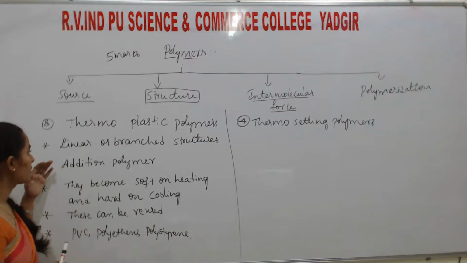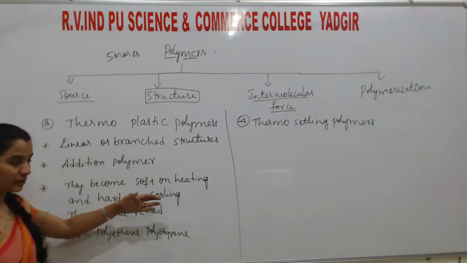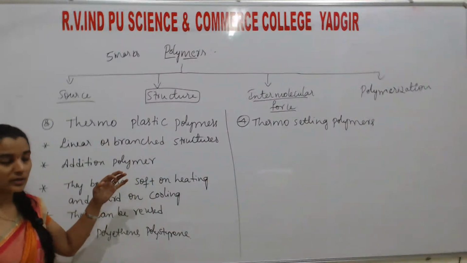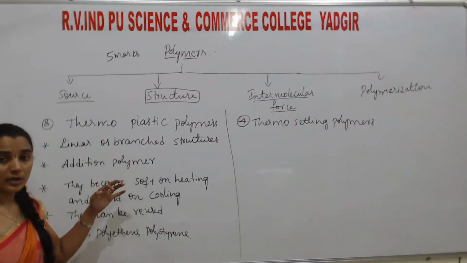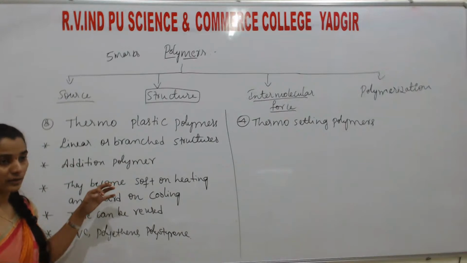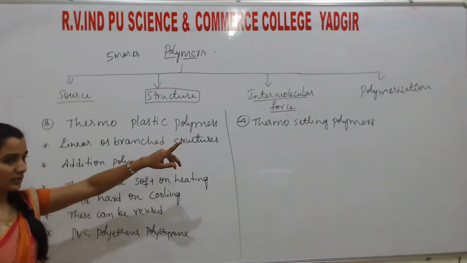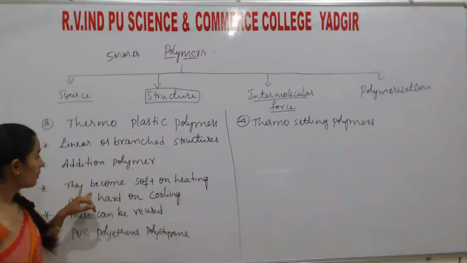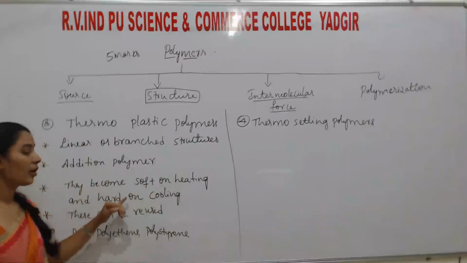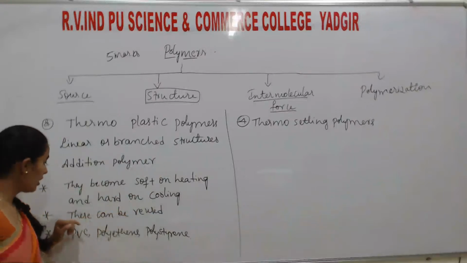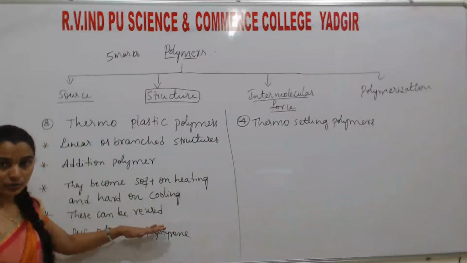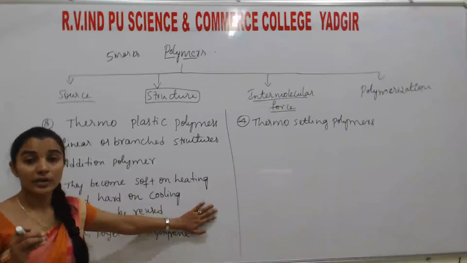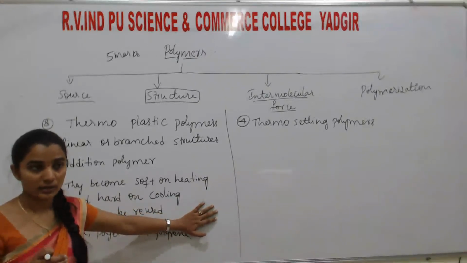The thermoplastic polymers are the linear or branched polymers. They are the addition polymers, which means these polymers are formed by addition polymerization. Understand? So what is addition, what is condensation, I will explain later. Another one is they become soft on heating and hard on cooling. Okay, and these can be reused. Many people collect waste bottles and waste covers.